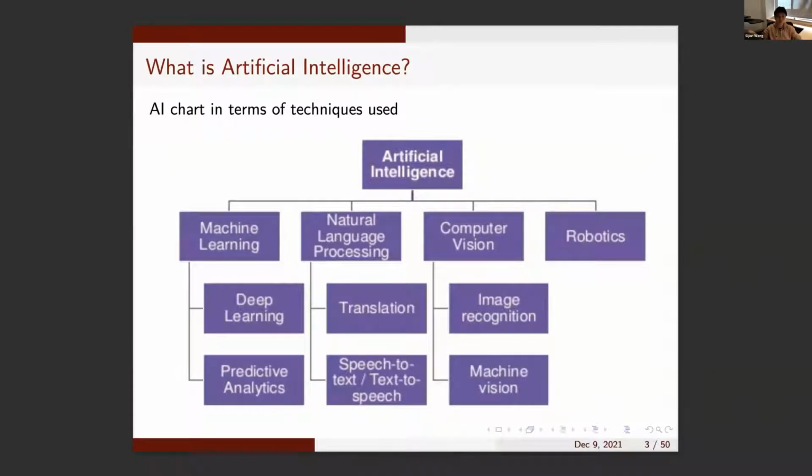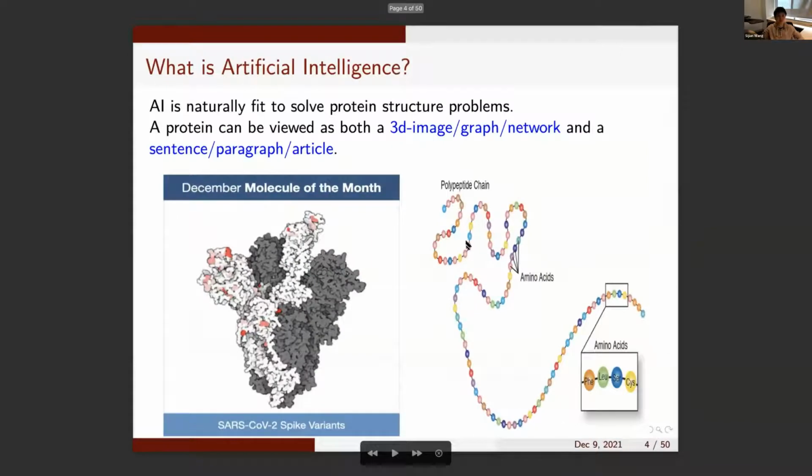It's also very interesting that protein structure is naturally related to all of these three things. It naturally fits to solve protein structure problems, because a protein structure can be viewed as a 3D picture or 3D image, or viewed as a graph or a network, where each amino acid or even each atom is a node, and all kinds of interactions between them are edges.